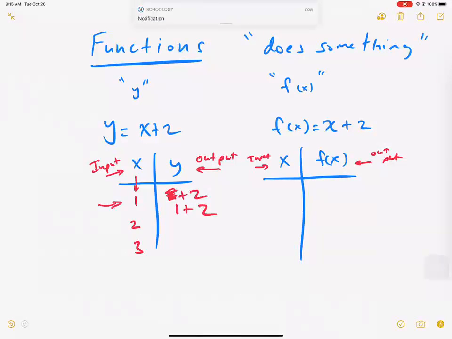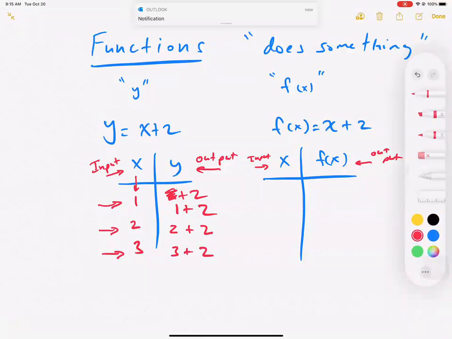That becomes 1 now. X here is 2, so it's 2 plus 2. X is 3, 3 plus 2. If you notice, instead of writing x, I write what x is now, what number that is. So we do the math.